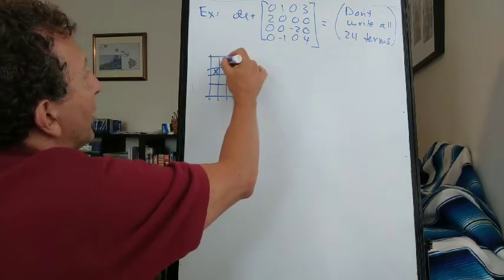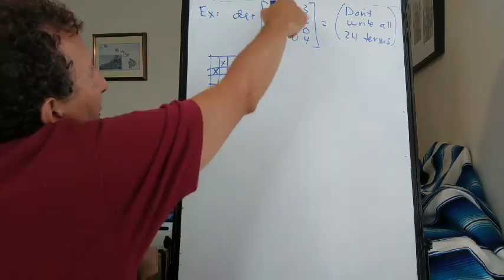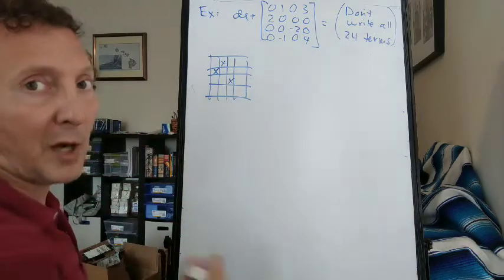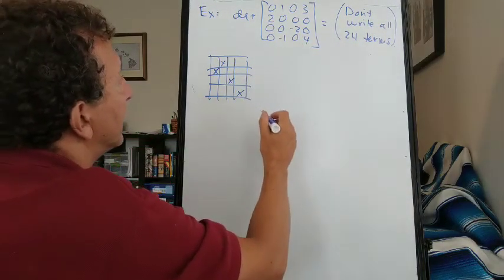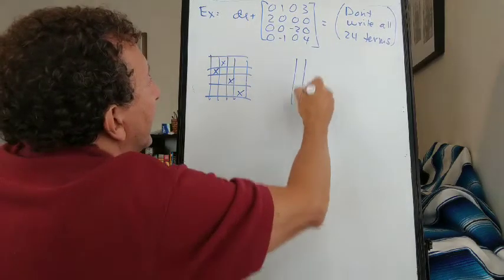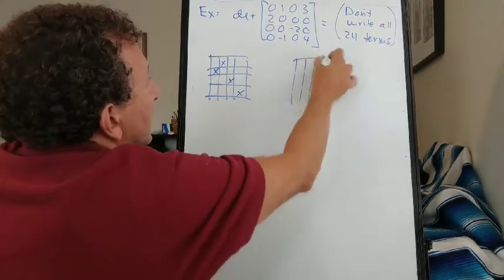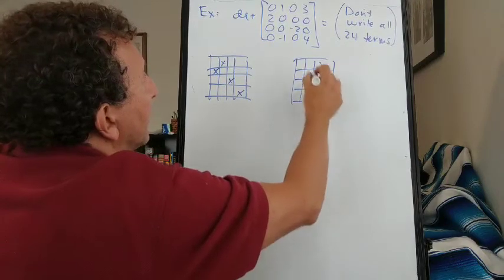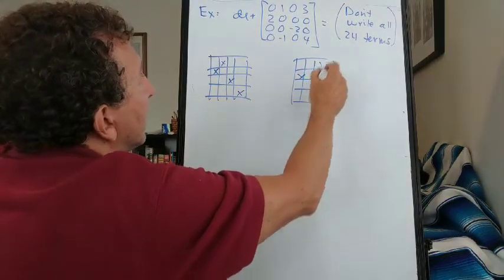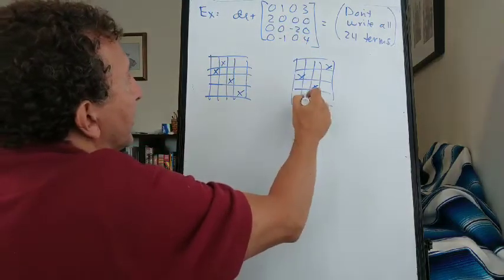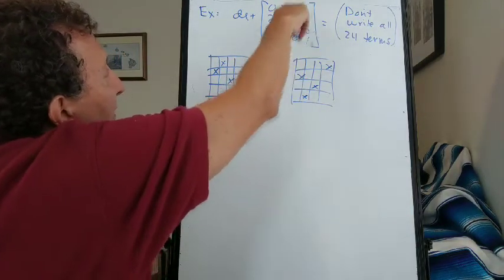If we take the 1 above, then we can't take the -1 because that's in the same column. So we'll take the 4. And the other choice is we could take the 3 up here, and then we have to take the -1 at the bottom, because we can't take the 4 because it's in the same column as the 3.